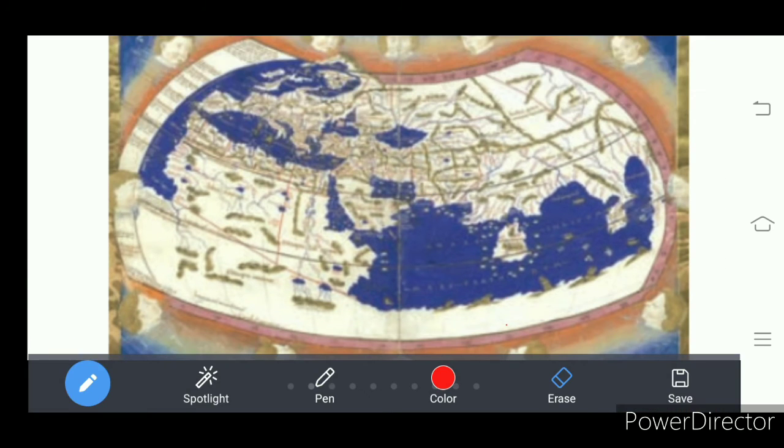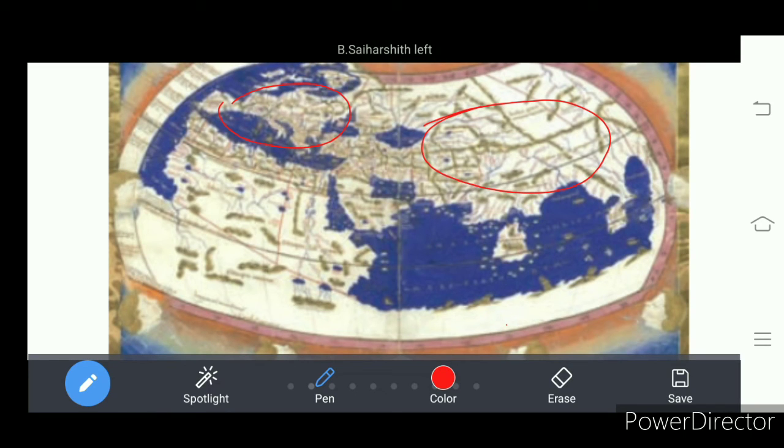Look at here. What is shown? It is Asia, and Africa and Europe are also shown here, right? Let me tell you where it is. Okay, this is Europe and this is Asia, right?